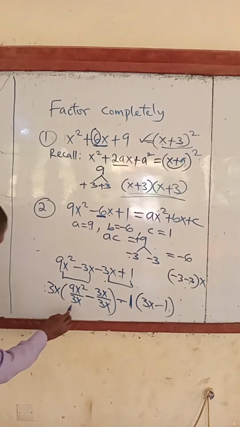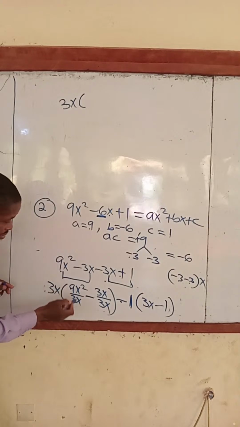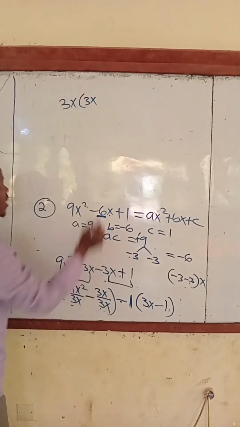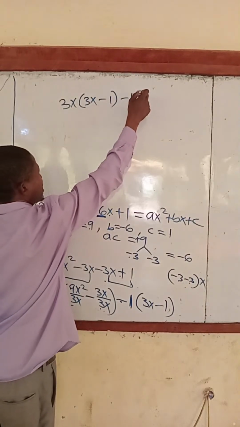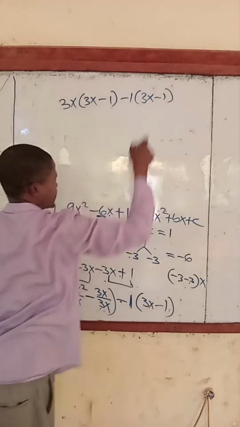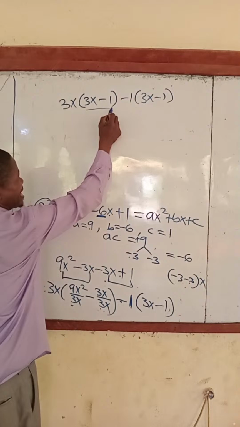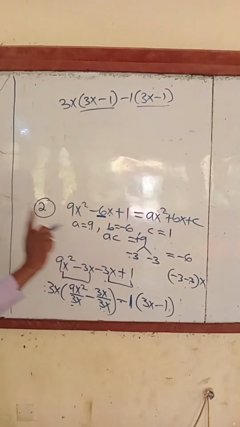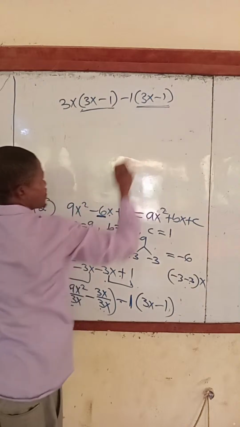So let me give us the value for this one and this one. This one, 3x squared over 3x, that will give you 3x. This one will give you 1. Okay, minus 1 into bracket 3x minus 1. One thing you must know, when you are factorizing, these 2 expressions must be the same.